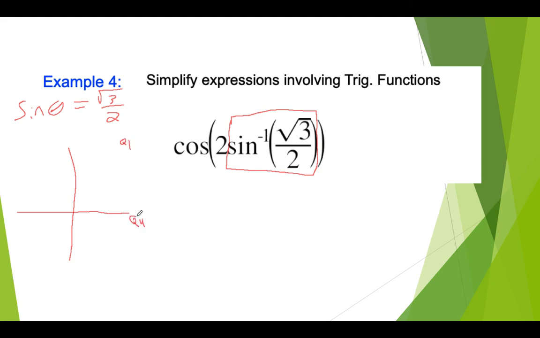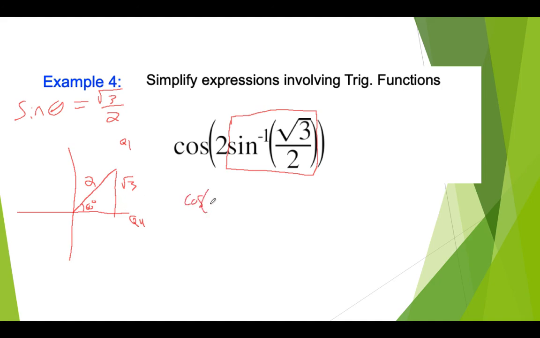It's positive, so we put it in quadrant 1. Our y value is square root of 3, our r is 2, which makes this a 60-degree angle. So sine inverse of square root of 3 over 2 is 60 degrees.